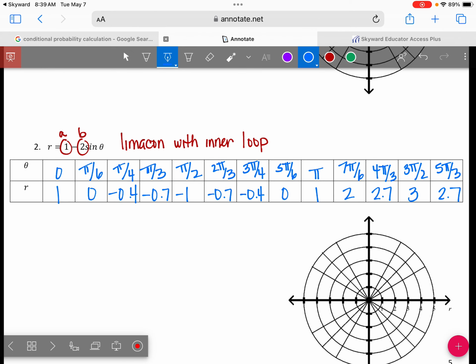Okay, and that might be too many points. I don't know. So I'll give you a minute to graph it out, and you know what it should look like. You should have a limaçon with an inner loop.